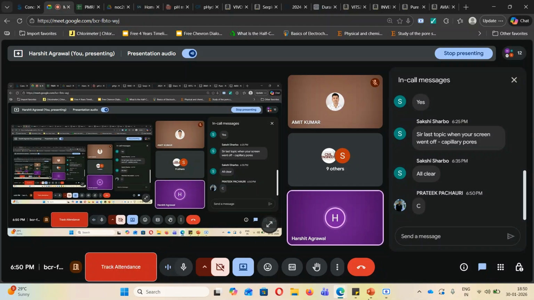You can unmute and speak also. What is the reason? Anyone else wants to add on to this? Whether C is correct or any other option is correct? Can anyone tell me?